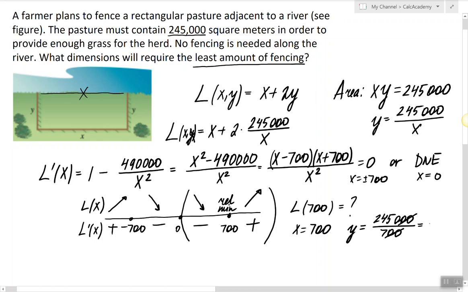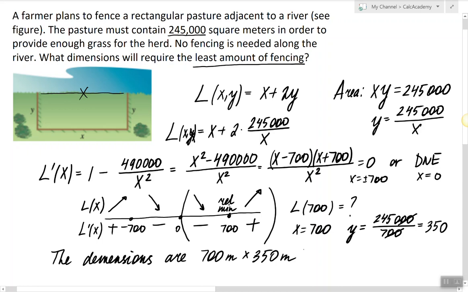So it is 350. So the answer to the question is the dimensions are 700 meters by 350 meters.